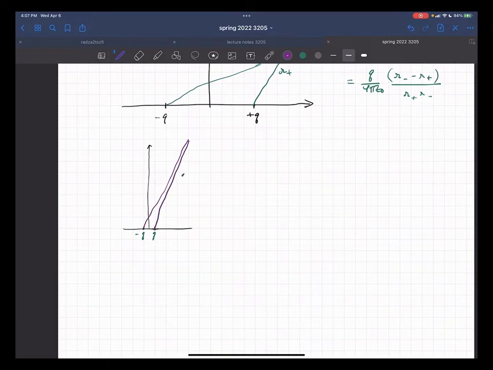So basically r plus, r minus, and then this is 2a. So basically r plus or r minus are much larger than 2a.